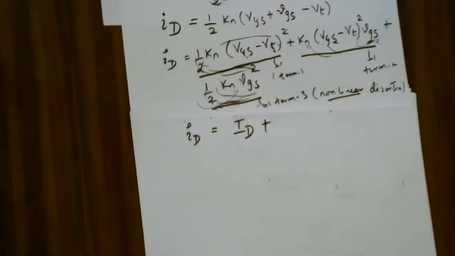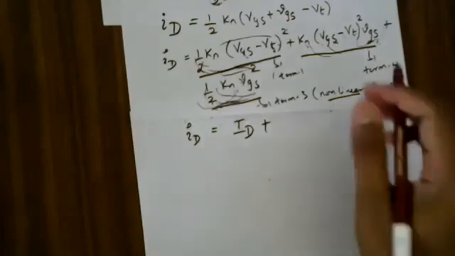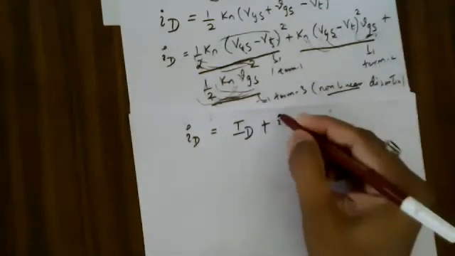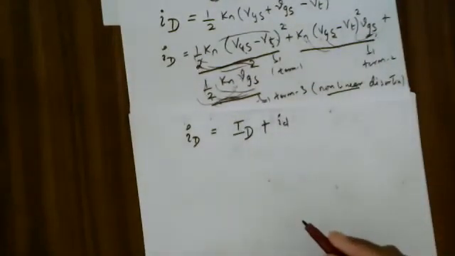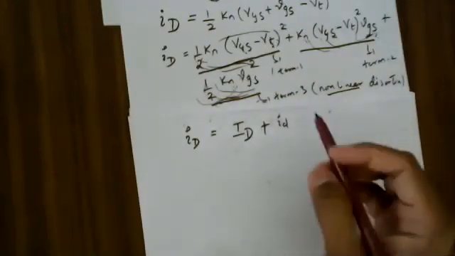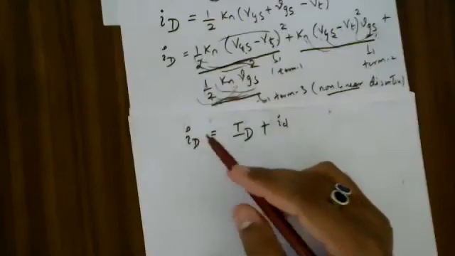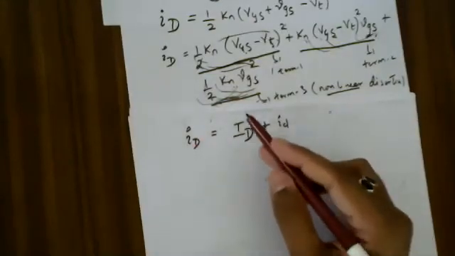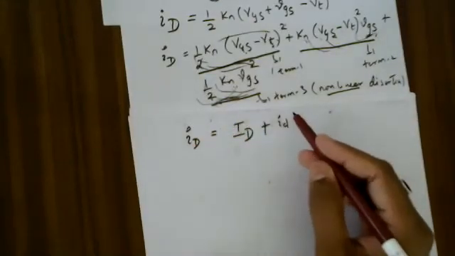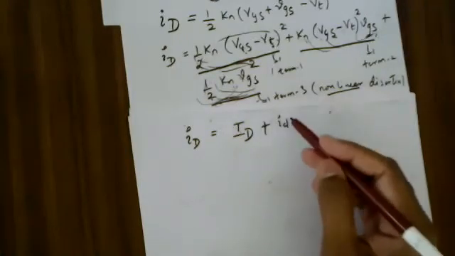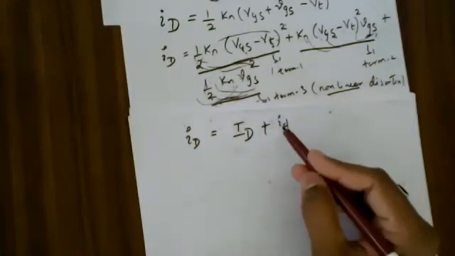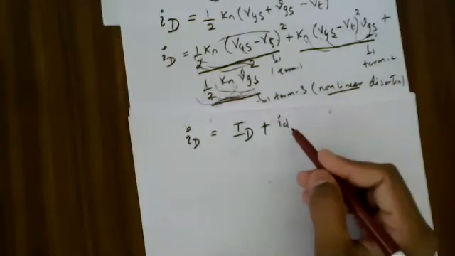Good. Your second term is indicating your small id. Okay, so now this combination, the AC-DC component, has a DC component ID plus an AC component id. Since it's an AC component, I'm writing this as small i and small d.